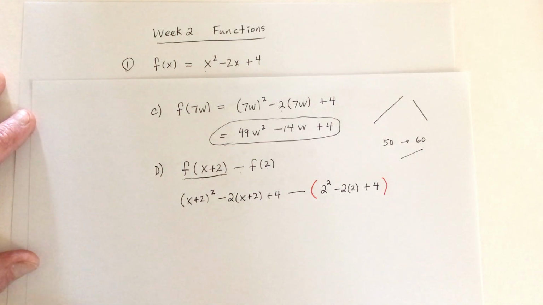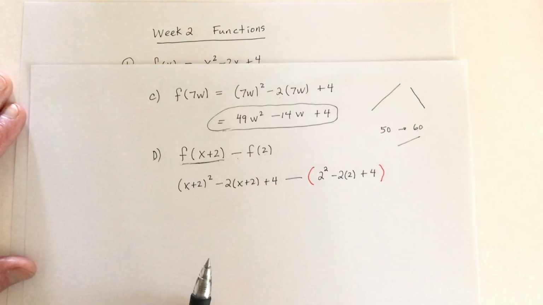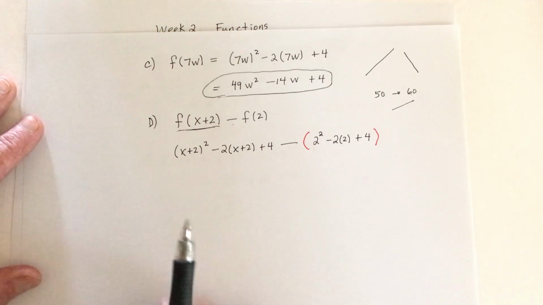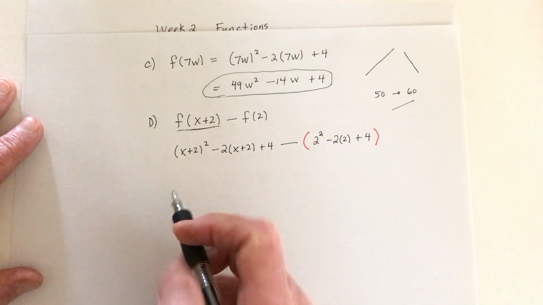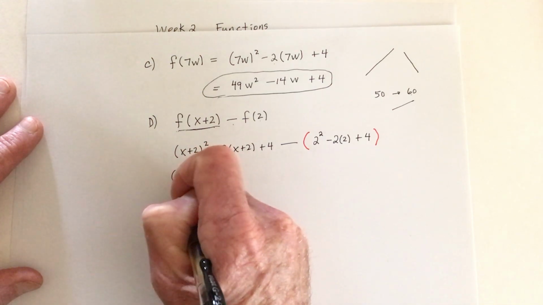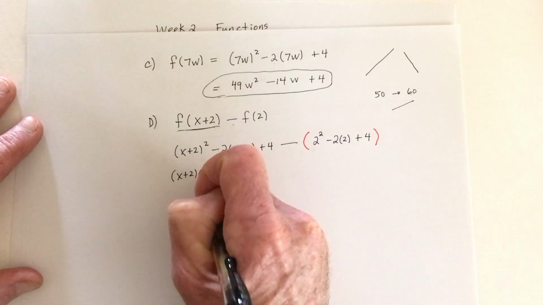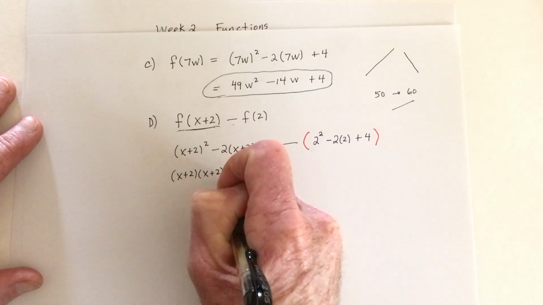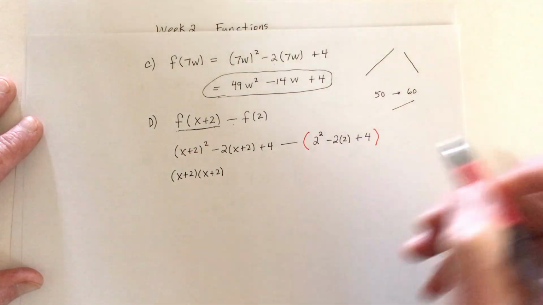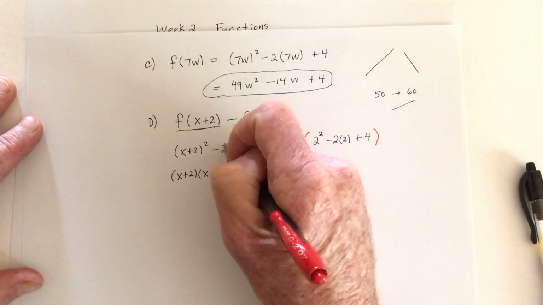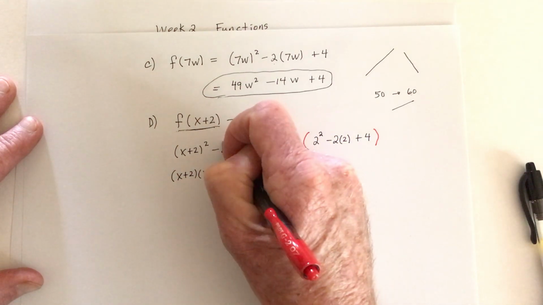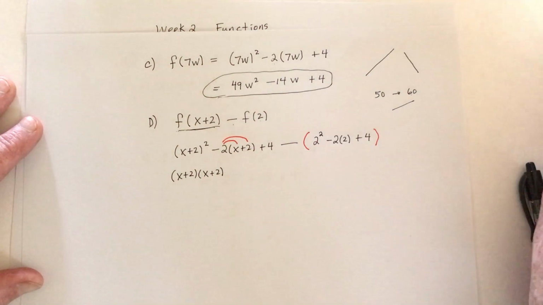All right, now we need to do algebra to simplify this. For this one, that literally means take x plus 2 times x plus 2, and I'll do that in a moment. And then I also need to distribute the negative 2.